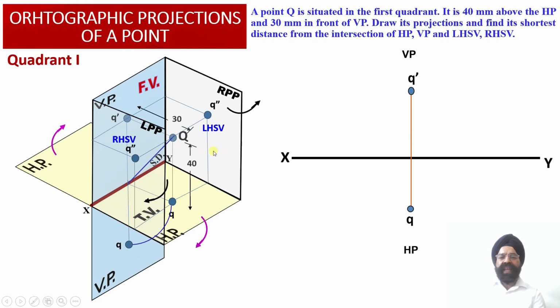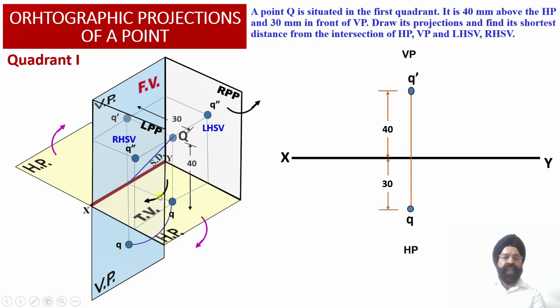Now we know that as we look at this object from the front side orientation, this point Q dash will be available at a height of 40 millimeter above the XY reference line in the vertical plane. So in the vertical plane, the front view orthographic projection, that is point Q dash, has been obtained at a height of 40 millimeter above the horizontal plane or above the XY reference line.